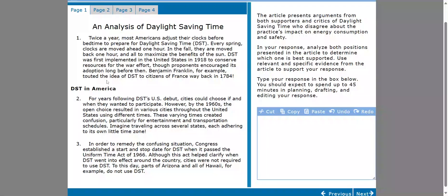Now, I do want to point out, writers, this idea of DST in America. So here we have our title of this particular essay, and then we have what would be considered sort of a subtitle or a subheading, which would then say that paragraphs 2 and 3 really focus on DST in America.